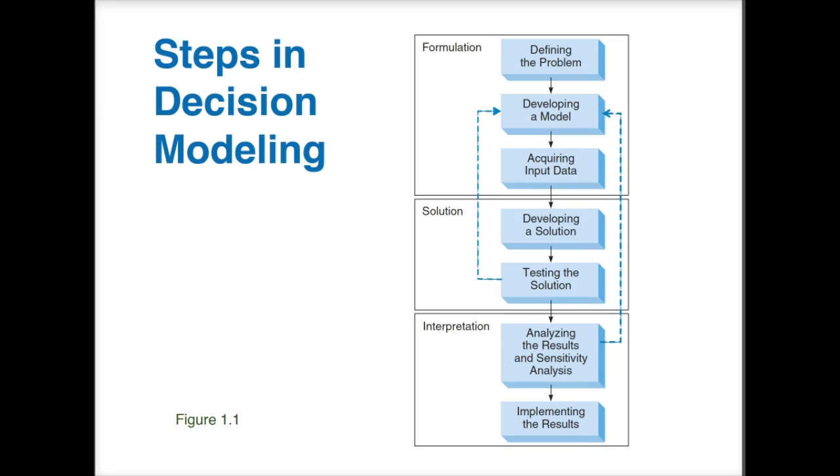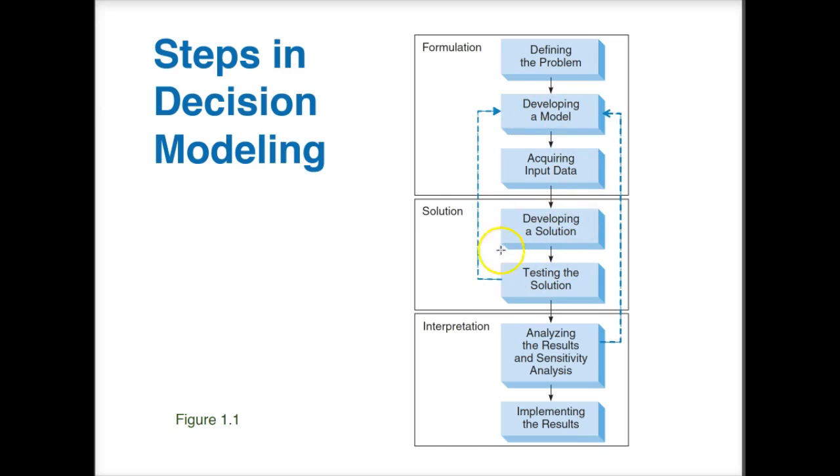So if we look at this in a block diagram flowchart way, then we see that with the formulation, we're defining a problem, developing a model, and acquiring all of our data. In the solution part of it, we develop the solution and we test the solution. And of course, if we find that there are some bugs or some kinks or some things that we forgot, then we need to go back to the formulation process, develop the model, and do it again.